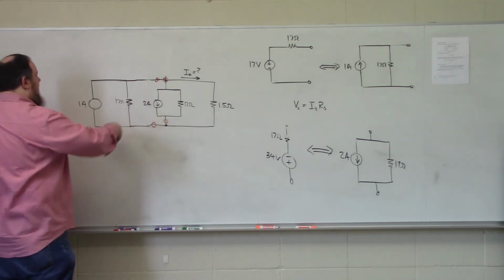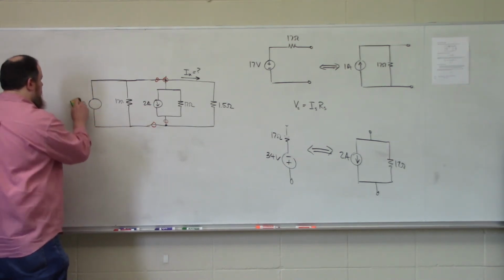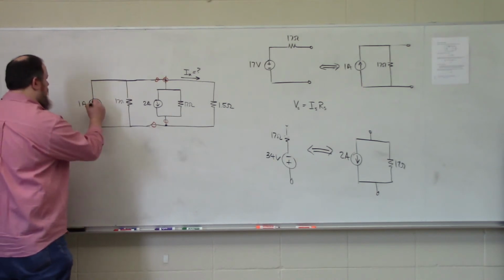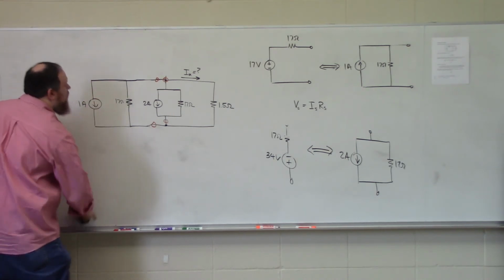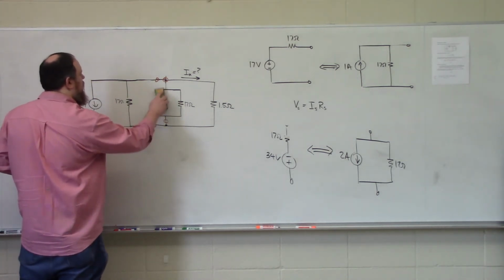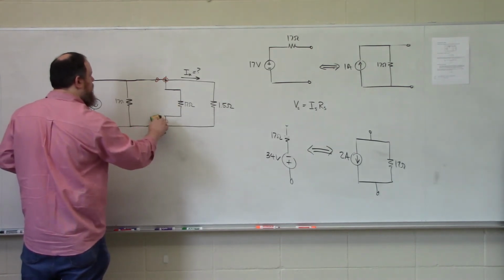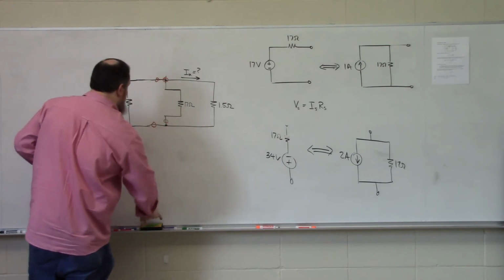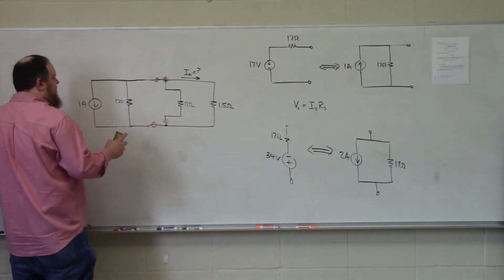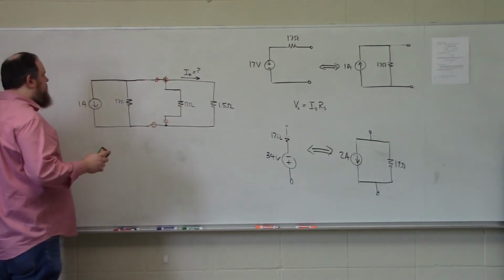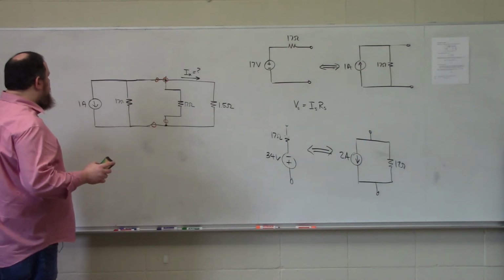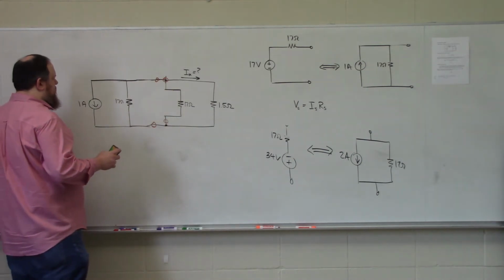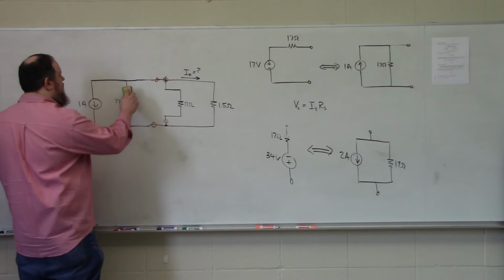So 2 amps down minus 1 amp up gives us 1 amp down. I have a 17 ohm resistor in parallel with a 17 ohm resistor. So that's going to give me, let's see, 17 over 2 is 8.5.